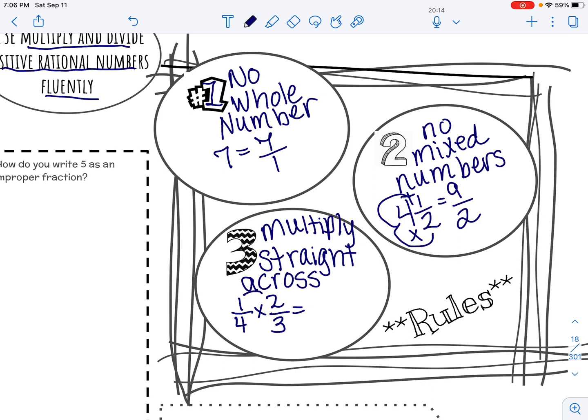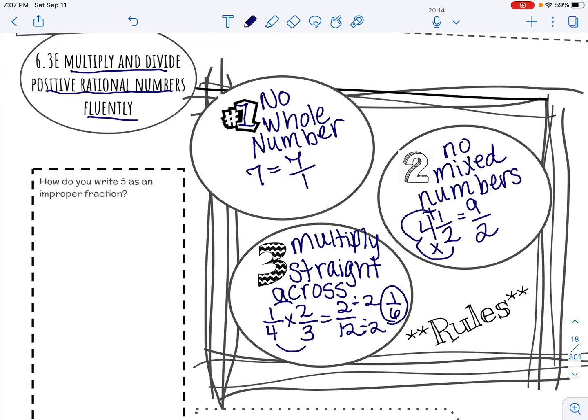So I have 1 times 2, 4 times 3, that gives me 2/12. And then of course I'm going to simplify where I can. I have 2 divided by 2, 12 divided by 2, and my answer is 1/6. All right, good job. Let's go answer our question.